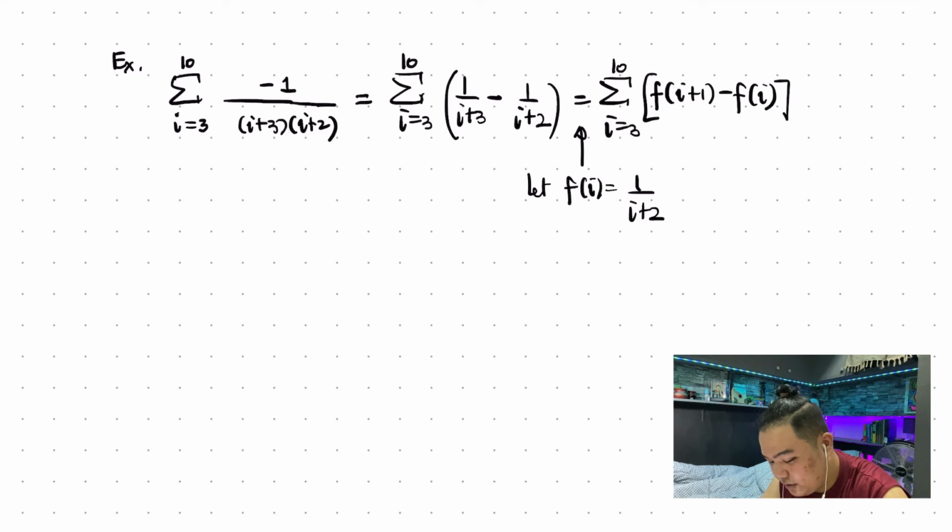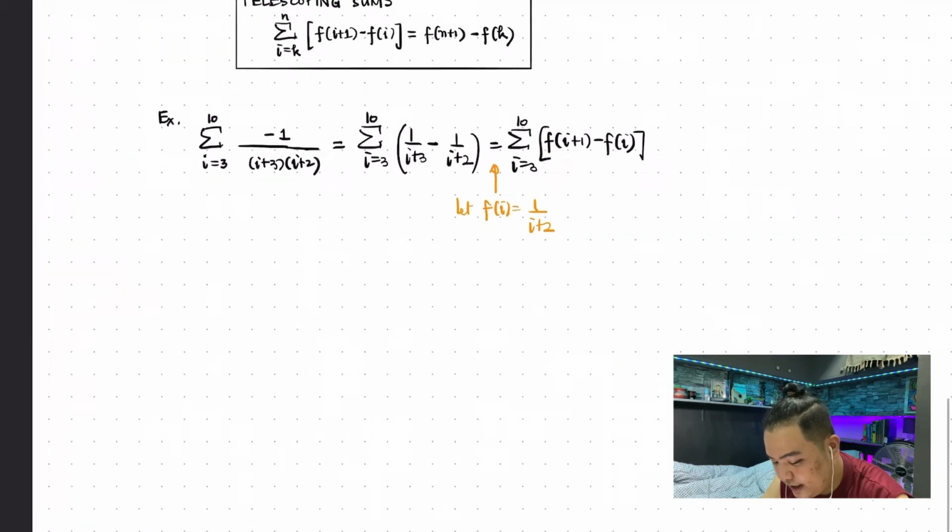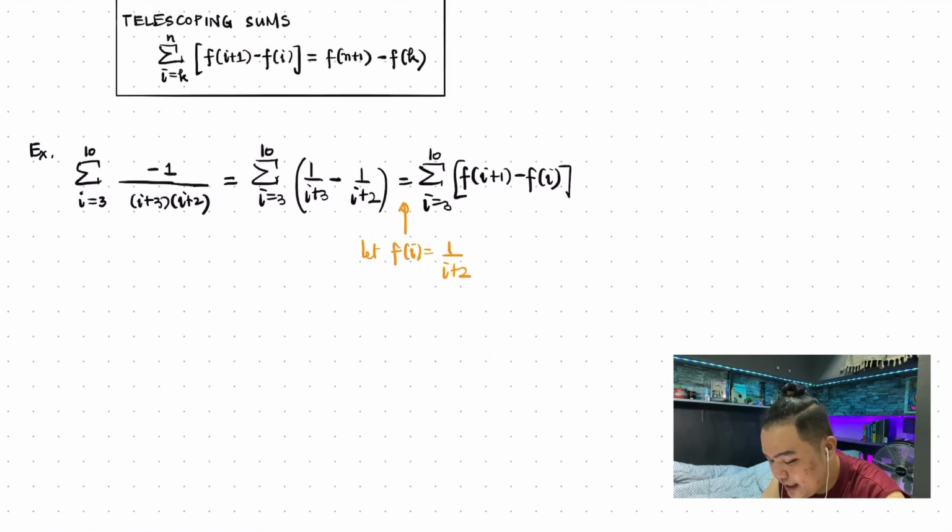Okay? So, ibahin natin ng color para hindi siya confusing. I want orange. Okay. And then using the formula, upper limit lalagay dun sa may plus 1. So, magiging 10 plus 1, 11 na yon. F of 11 minus, nasa lower sa I lang, F of 3. Tapos, babalik ka dito. Okay, so ang magiging sagot ay 1 over, replace, yung I papalitan mo ng 11, no? 11 plus 2, 13.